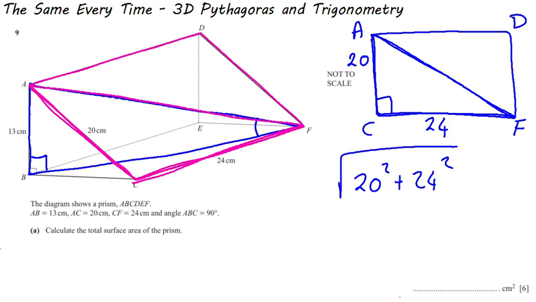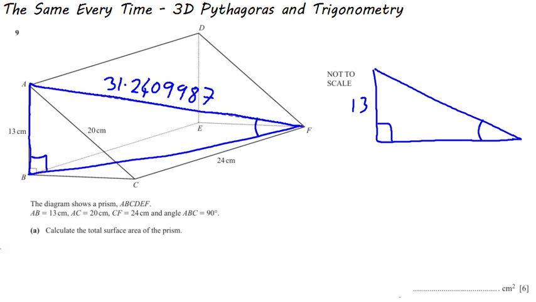That will give me the length of the diagonal from A to F. So let's just see what that is. 20 squared plus 24 squared, square rooted, gives me 31.24099. Okay, I'll probably be able to keep the calculator answer on my calculator there, but I'll just write down the first 5 digits after the decimal point. So I've worked out the distance from A to F.